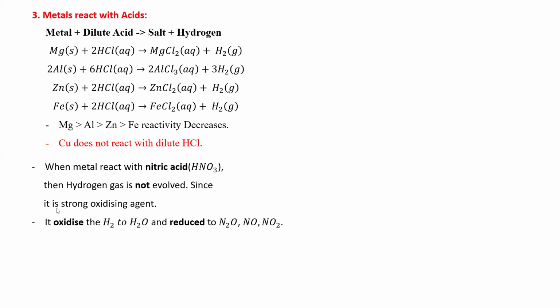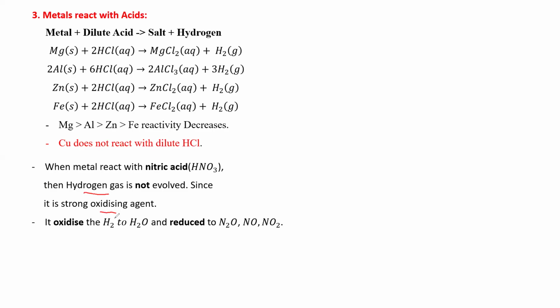Next, we have when a metal reacts with nitric acid. The nitric acid formula is HNO3. When a metal reacts with nitric acid, it does not produce hydrogen gas. Very important: why does it not produce hydrogen gas? Since it is an oxidizing agent. Already in the oxidation-reduction reactions you have seen the discussion about the oxidizing agent.